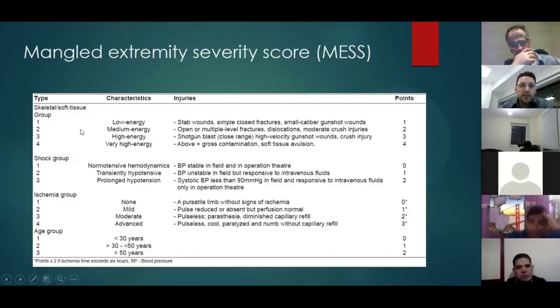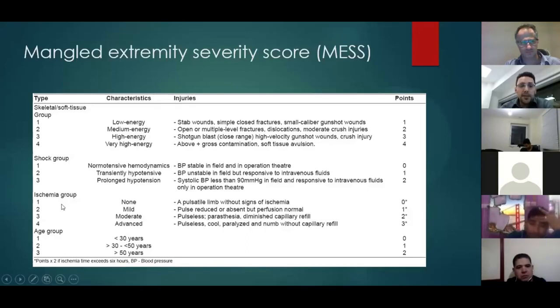If you look at the first parameter, they look at the mechanism of injury, whether it's high energy or low energy trauma, and the effect of the level of the injury on the soft tissue state. The second parameter is the patient's hemodynamic state: stable, transient hypotension, or prolonged hypotension.